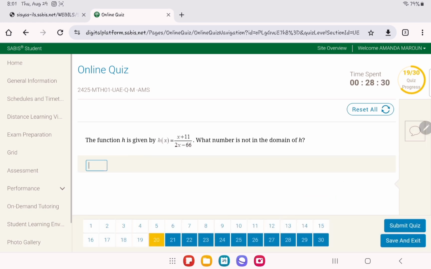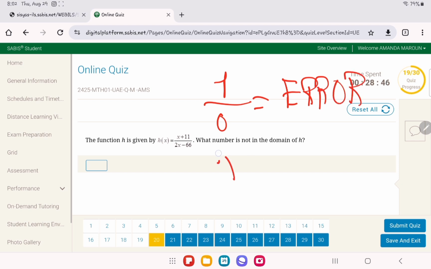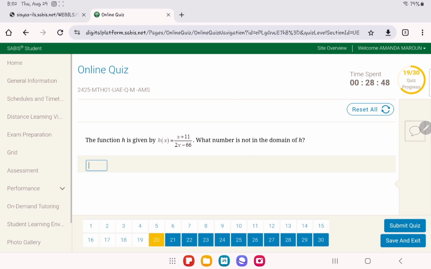The function h is given by h(x) equals (x plus 11) over (2x minus 66). Now, remember, try on your calculator, for example, 1 over 0. It will give you what? Error. That means our denominator cannot be a 0.